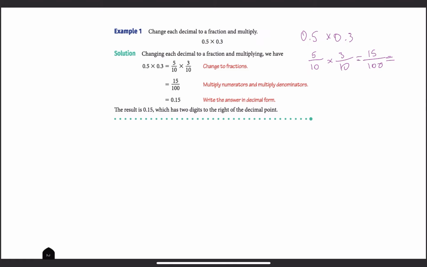So this is going to be 15 over 100, so 15 hundredths. And so you can see I multiplied numbers. There were 2 decimal places in the factors total. So there are 2 decimal places in the product total. And we'll see that's a pattern that continues to repeat.